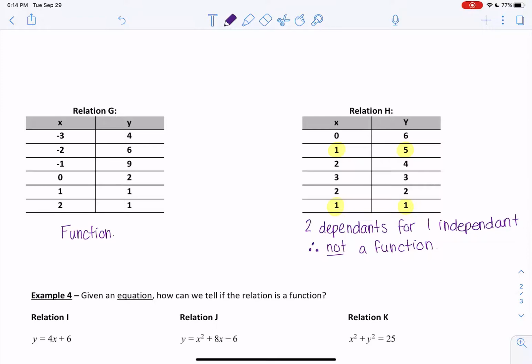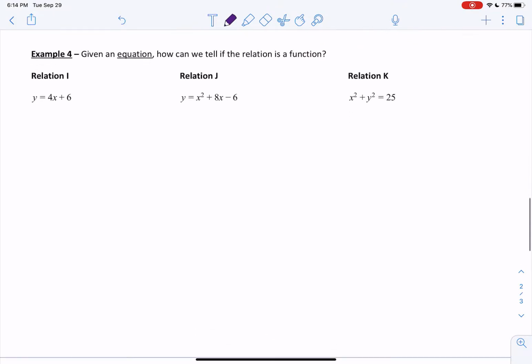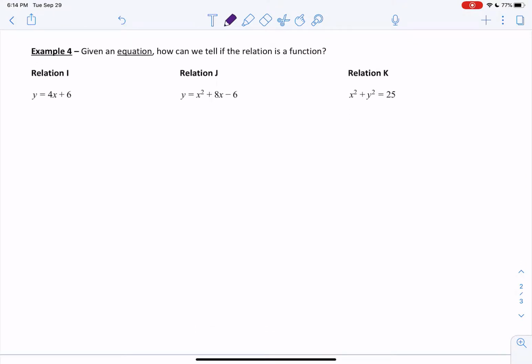Let's try another example here. So for example 4, if we're given an equation, how can we tell if the relation is a function? So we're not given a graph, we're not given ordered pairs, just the equation. So what we're going to do is plug in a value for x, any value I want, and I should get only one y value.